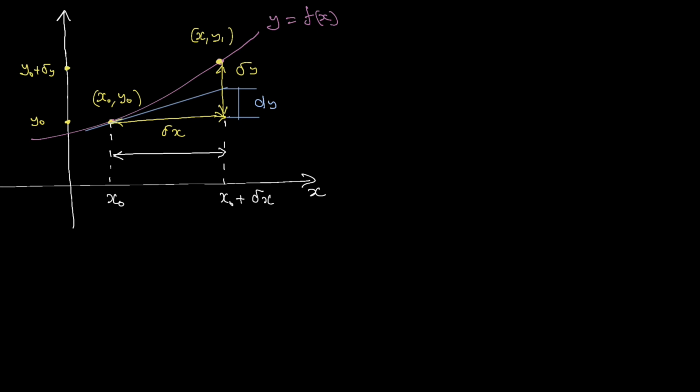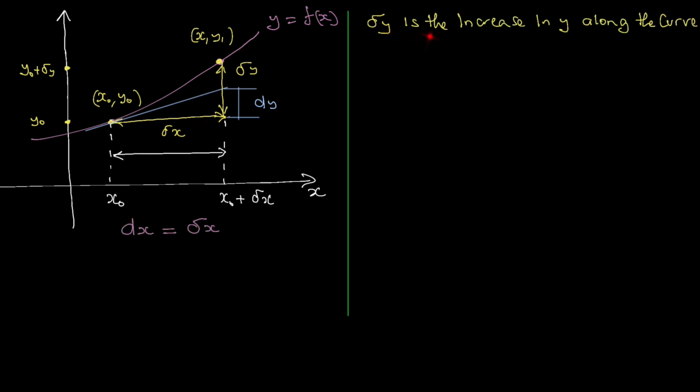This curve, we can find the gradient of that curve, and that gradient is changing y from there to there, which is delta y, over changing x, delta x. So we can write that, and for the same change, the delta y is the increase in y along the curve, from there to there.